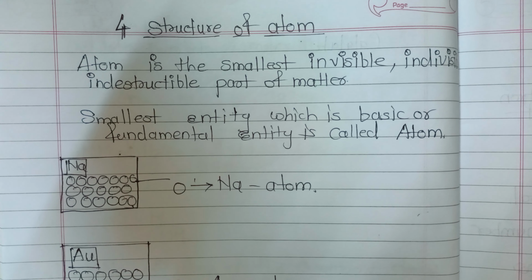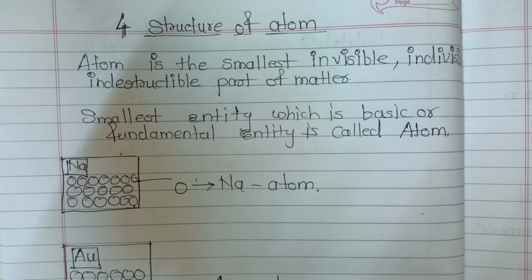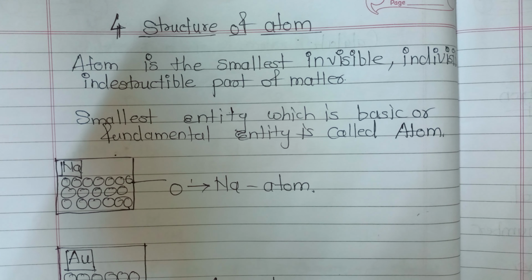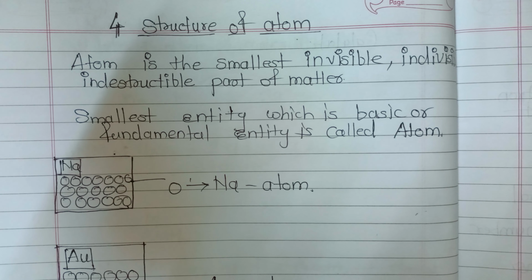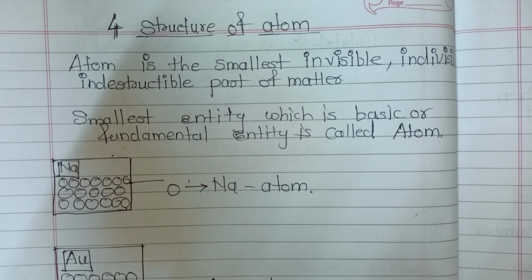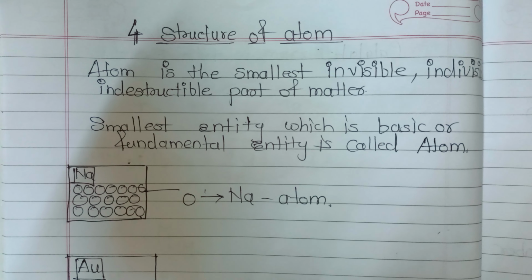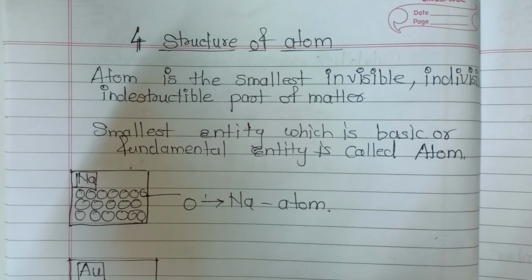Another way we can say, students, is that the atom is still divisible, but it was discovered later on that the atom is still divisible. But before, it was said that the atom is the smallest, invisible, indivisible, indestructible part of the matter.